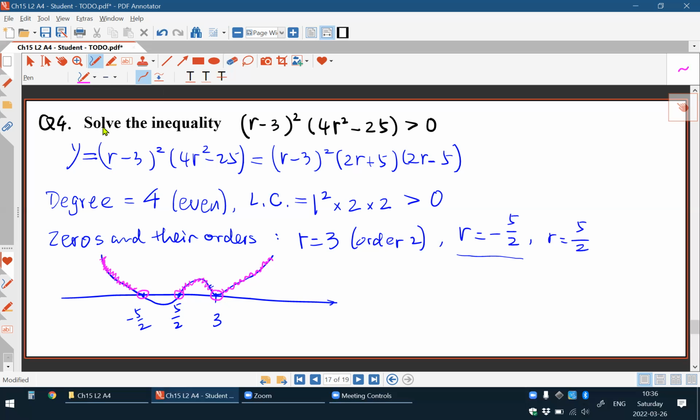Therefore, the solution is either r is less than -5/2, or r is between 5/2 and 3 exclusive, or r can also be greater than 3, right? Any questions? No? Okay, then let's have a look at the next one.